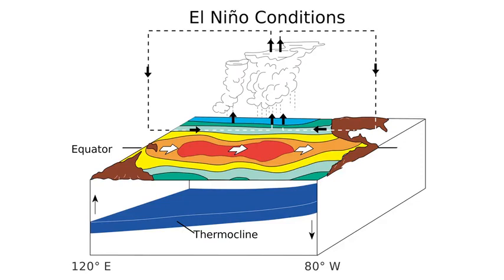Well, all that water that's been piled up in the west is just waiting to come sloshing back across the Pacific Ocean in something called a Kelvin wave. When that happens, this unevenness in the Pacific is flattened out. All of a sudden, instead of having warm water in the west and cold water in the east, you have kind of warm water everywhere.